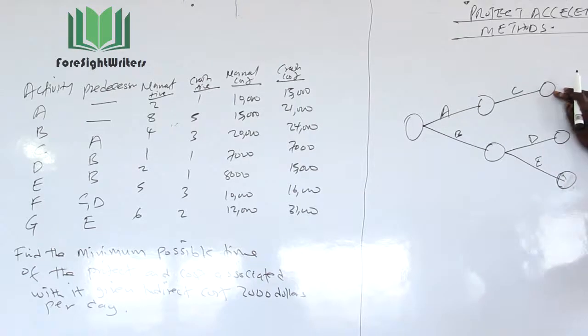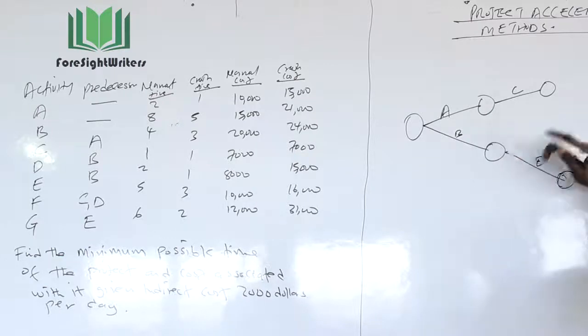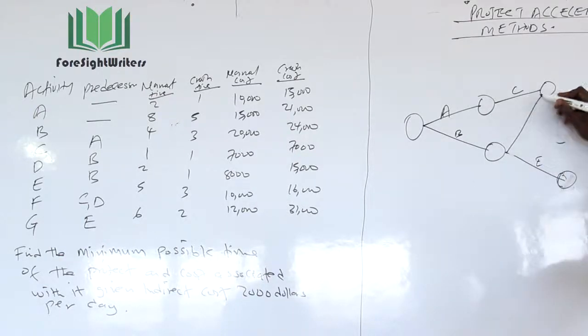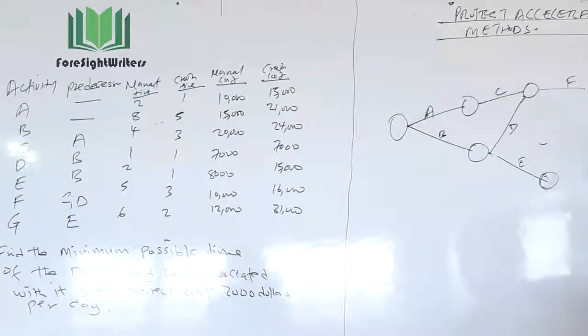So you look at this. In this situation, we are required to join activity C and D before we can generate what we call activity F. It means, therefore, that this activity D needs to join with this one first here, up here. So we say this is activity D. So that, completing C and D, we can generate activity F. So that is now that condition that has brought that.